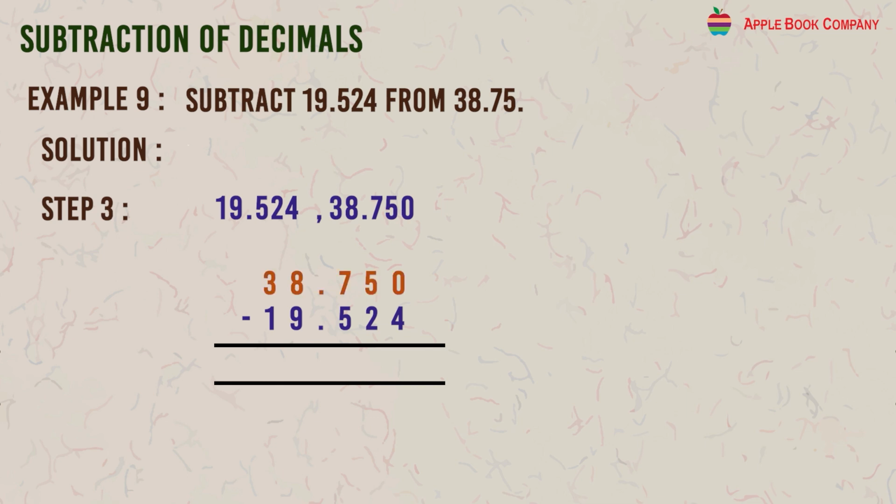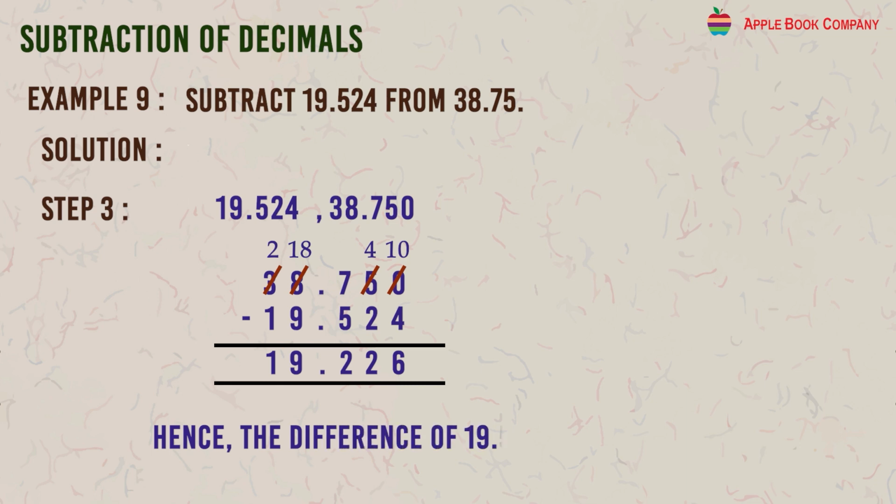So we have 38.750 minus 19.524. 10 minus 4 is 6. Then we have 4 minus 2 is 2. 7 minus 5 is 2. 18 minus 9 is 9. 2 is left out and 2 minus 1 is 1. Hence, the difference of 19.524 and 38.75 is 19.226.